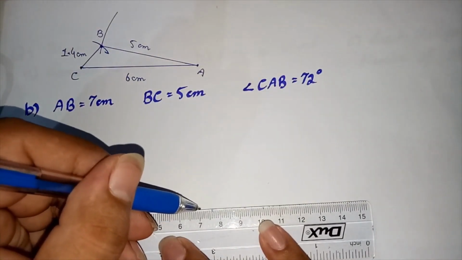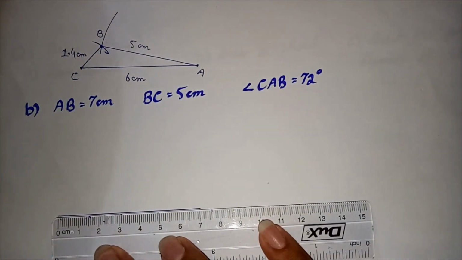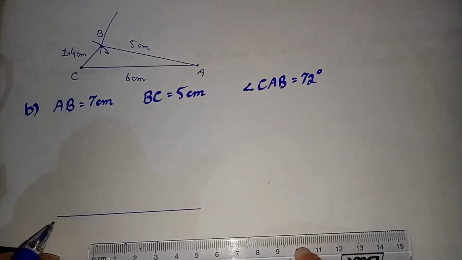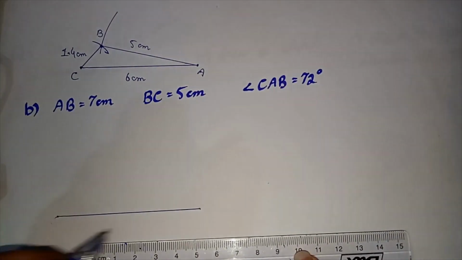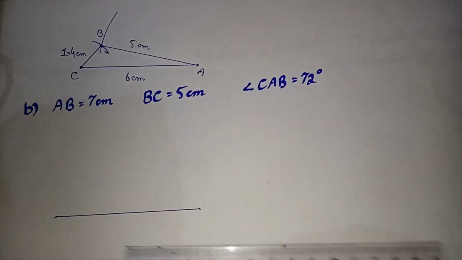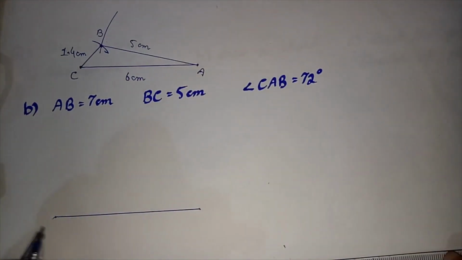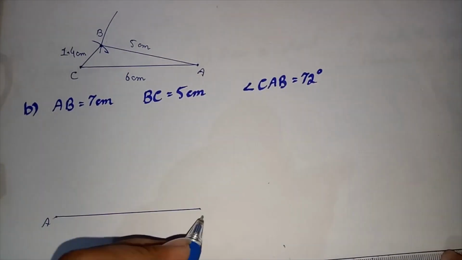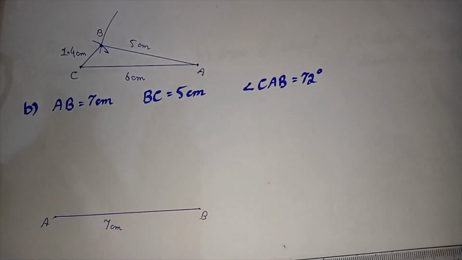Here we have 7, here we have 0, so it is of 7 centimeters. Clear? Now we have to mark it. It is AB of 7 centimeters, or we can write here B and here A. Okay, it's our choice at first.